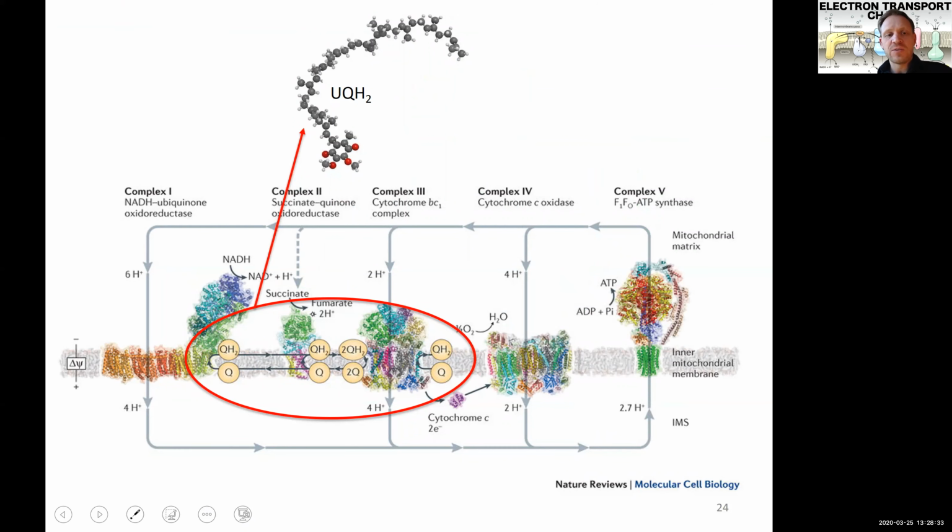And then both, right, complex 1 and complex 2, what they're doing is they're shuffling the electrons over to CoQ. And so CoQ now again, right, is this small molecule with this long hydrophobic tail, so it can move around here in the membrane. It can grab electrons from complex 1 here. It can grab electrons from complex 2.